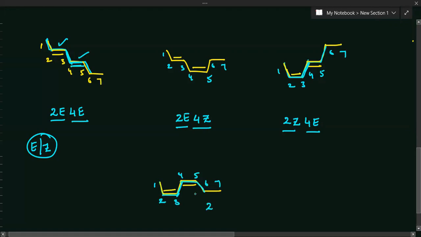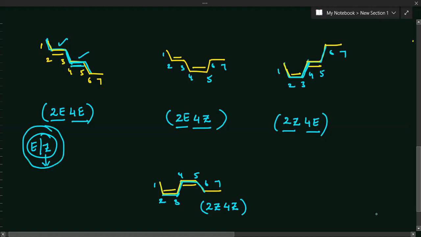So overall it is the 2Z,4Z form. So a total of 4 isomers are possible: 2E,4E, 2E,4Z, 2Z,4E, and 2Z,4Z. What are these E and Z forms? I have already discussed this in my previous lecture. Please go through that to understand these.